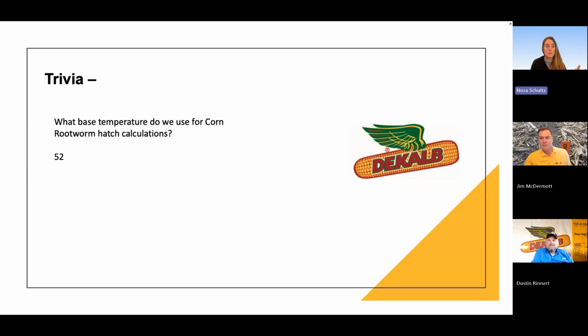We cover GDUs. We look at soil temperatures. And depending on the source that you're looking at, you could be like, why don't these match? Part of that calculation is using the base temperature. And that means that below that temperature, the organism is not making any progress. The molasses is not flowing. So for corn rootworm, we're going to use base 52.